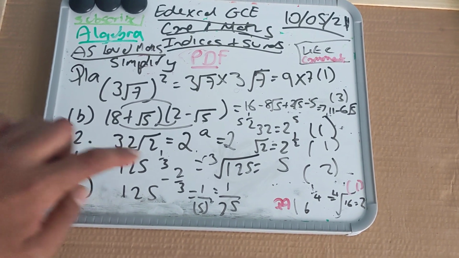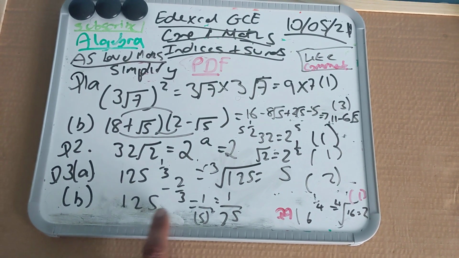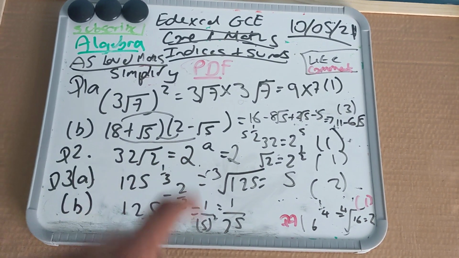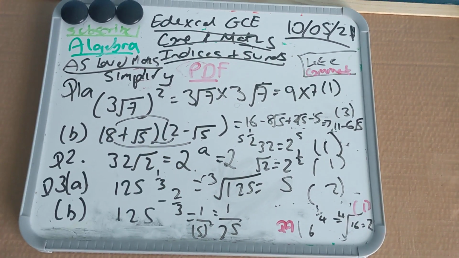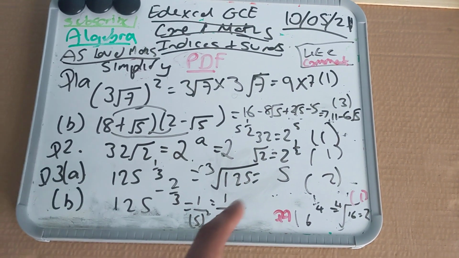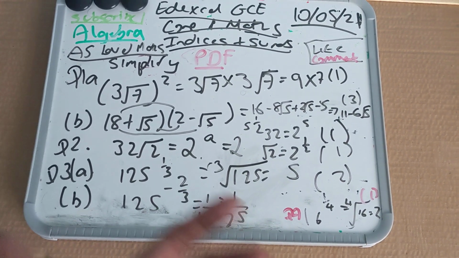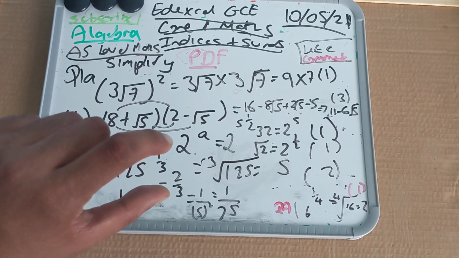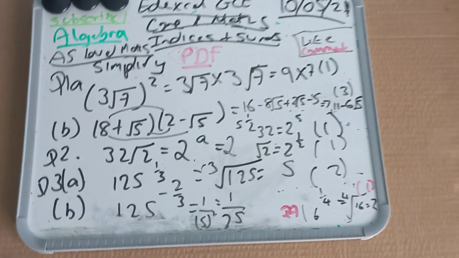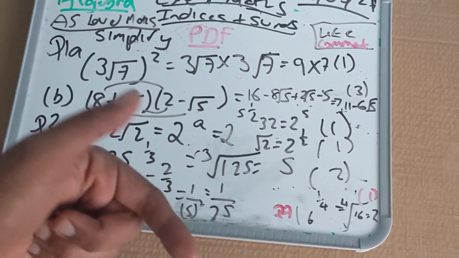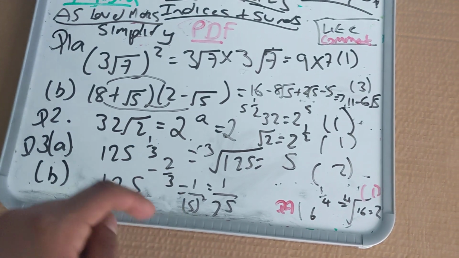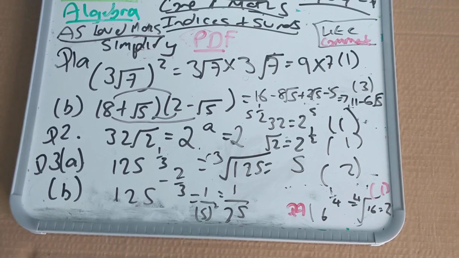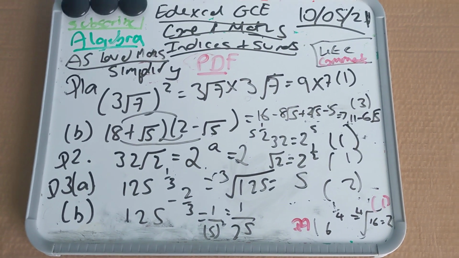From part A, it's the cube root of 125, which is 5, and then I'm going to square my answer, raising it to the power of the numerator. 1 over 5 squared is 1 over 25, so my answer is 1 over 25.